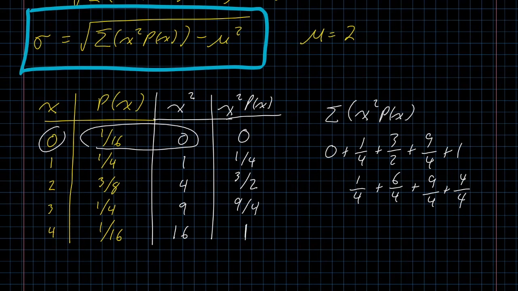I'm not even going to bother writing 0 because 0 plus anything is that thing. But 1 plus 6 is 7, 7 plus 9 is 16, 16 plus 4 is 20. So I have 20 over 4, and 20 divided by 4 is 5. All right. So going through all of that gives me that variable in the formula.